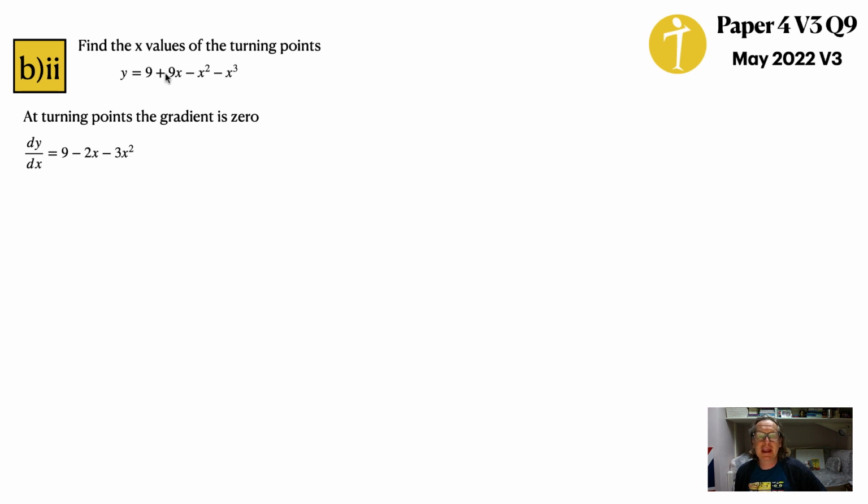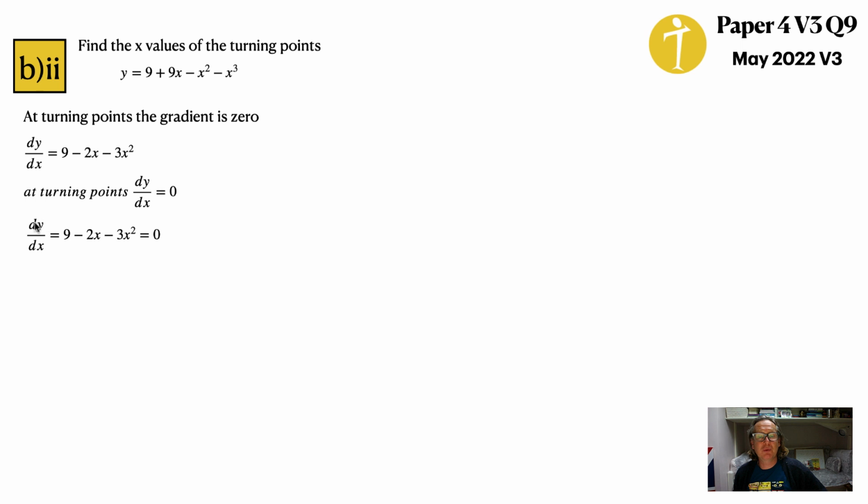So all that's happened here is that I've now differentiated this function. For any given value of x, this will tell me how steep the graph is at that point. And then the next big moment is to recognize that at the turning points, the gradient is 0.